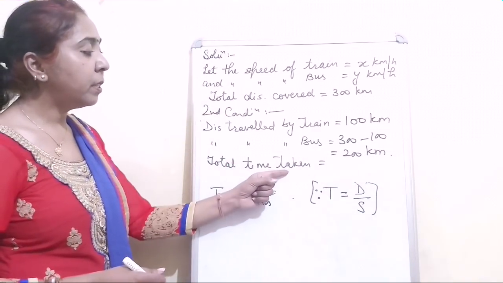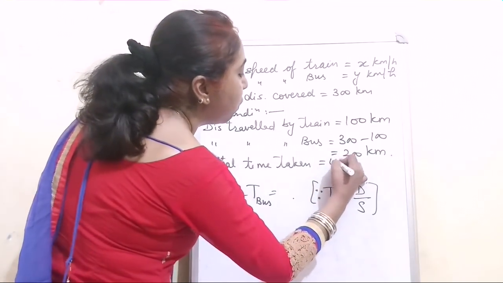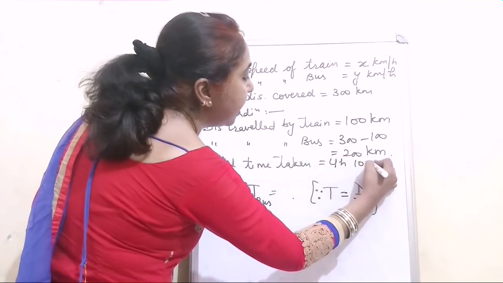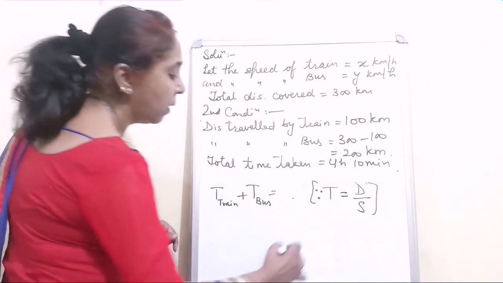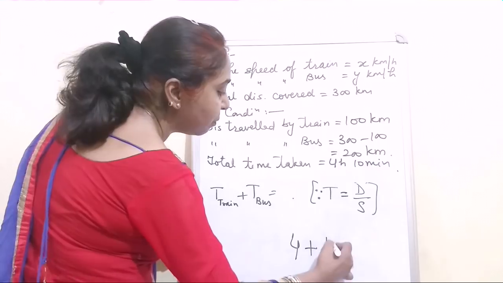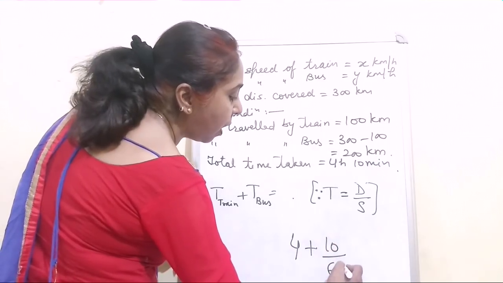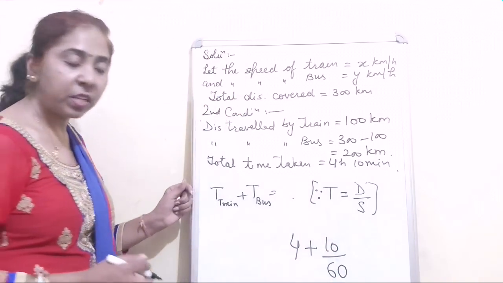Now the total time taken this time is 4 hours 10 minutes. How can you convert this 4 hours 10 minutes into hours? 4 plus, convert the 10 minutes into hours by dividing by 60.